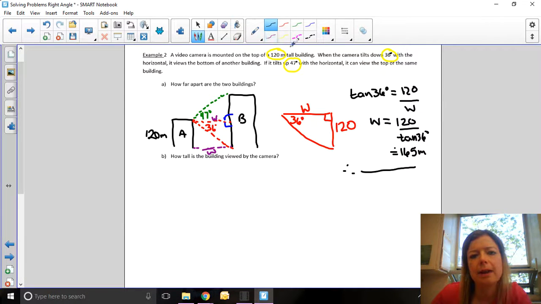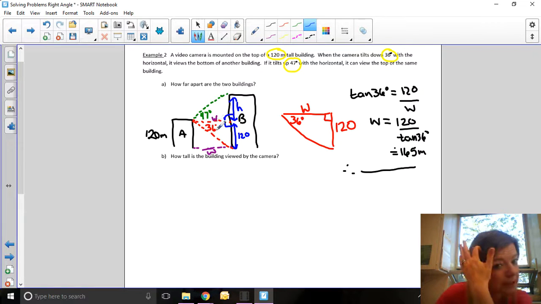Well, let's think about how we can answer this question. Notice that we already know from here to here is 120. So really, if we just find this height, we'll call that H, and add it to 120, we can find the height of building B. So I'm going to extract this triangle here, because now we know that W is 165.